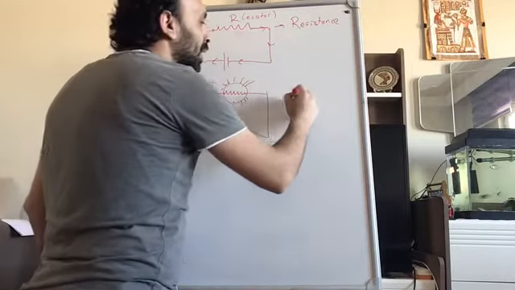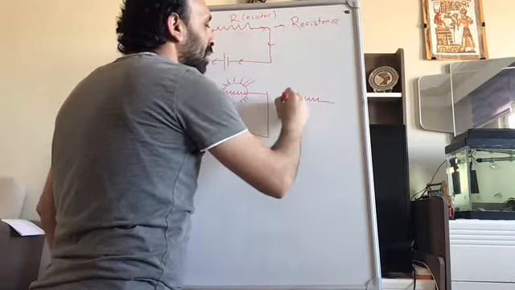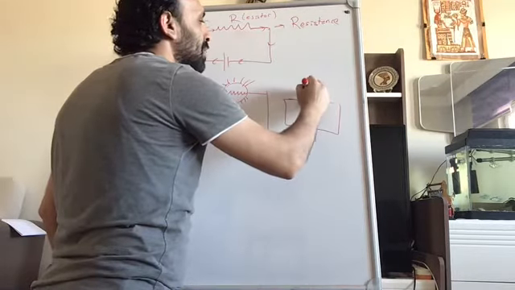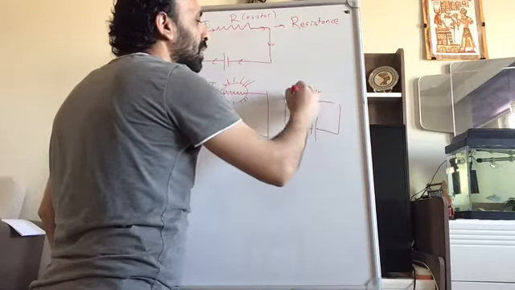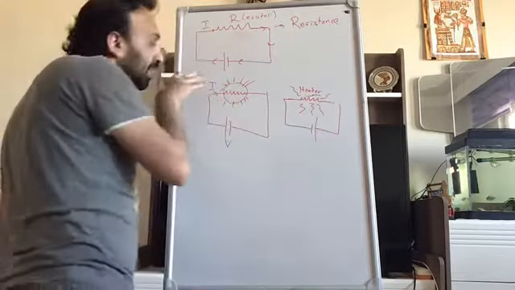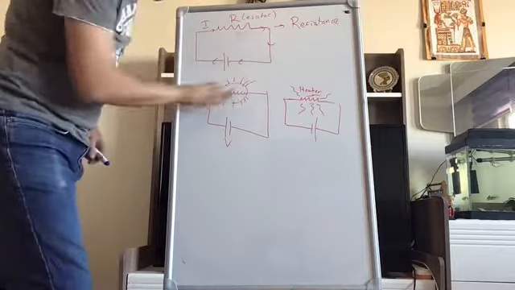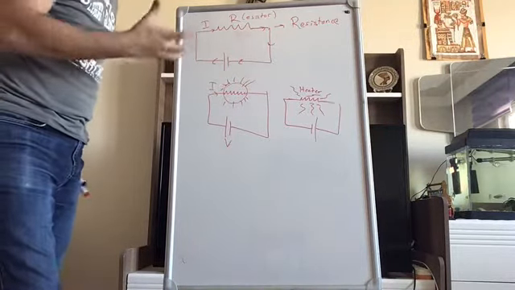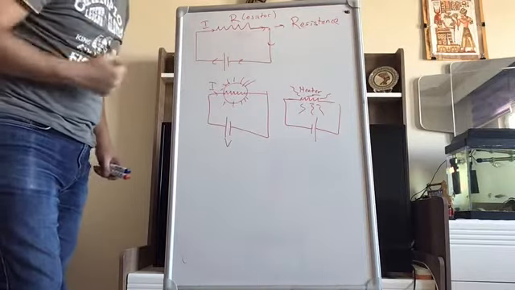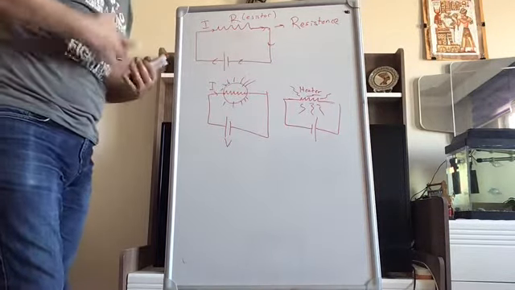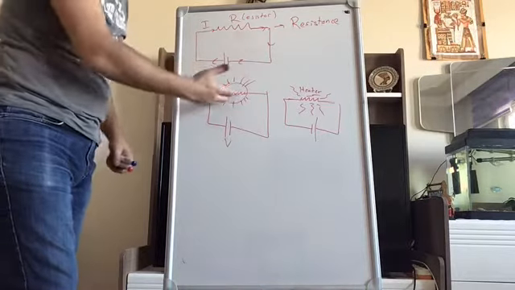Or if you put a heater here, then you will feel some heat around it. Actually, when the current is passing through this resistor, this resistor is going to absorb some energy of the electrons, the moving charges, and convert that energy depending on what you are using.